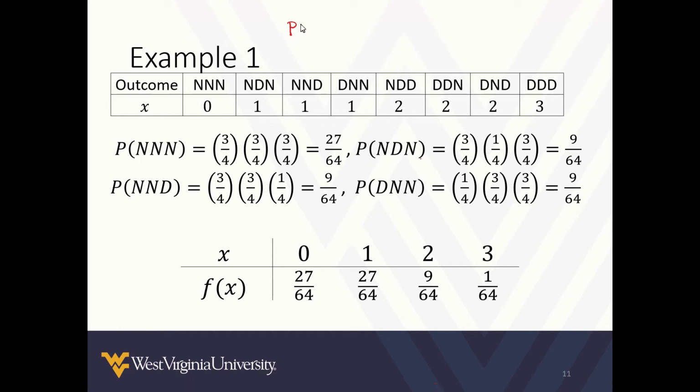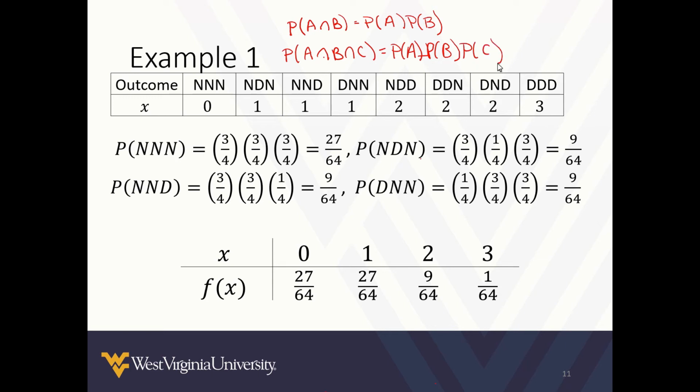That is, the probability of A and B equals the probability of A multiplied by the probability of B. In this case, it is 3 trials, so the extension would be the probability of A and B and C equals the probability of A multiplied by the probability of B multiplied by the probability of C.